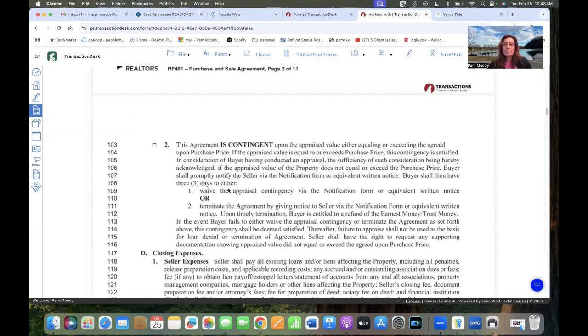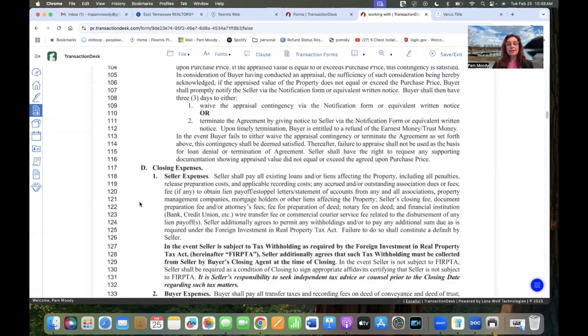It's already set up. Buyer shall then have 3 days to either waive the appraisal contingency. If you have a loan, they're not going to do that. Or terminate the agreement by giving notice to seller that you're going to terminate. Or a lot of times we can negotiate with the seller. What I always do, I've had this happen, we negotiate with the seller to take the appraised value. If they won't, then we terminate the agreement.